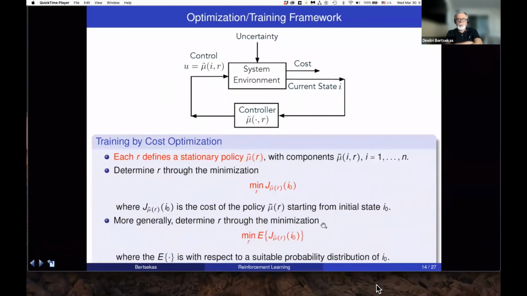In other words, there's one version of the problem where the initial condition is known, but what happens if you don't know the right initial condition? Then you modify this cost function to involve a weighted sum over initial conditions. So this expectation has nothing to do with transition probabilities or randomized policy.